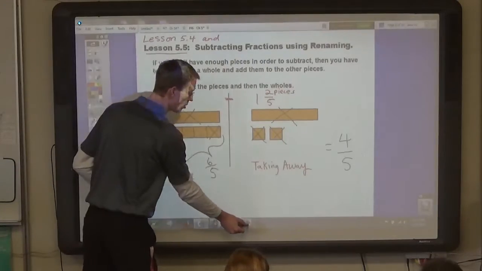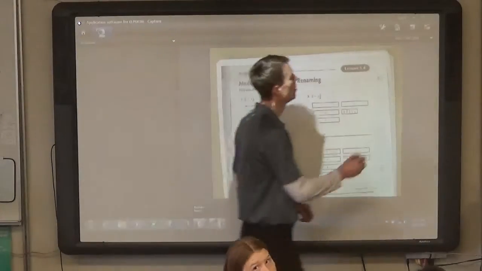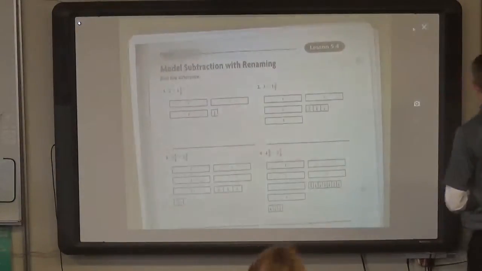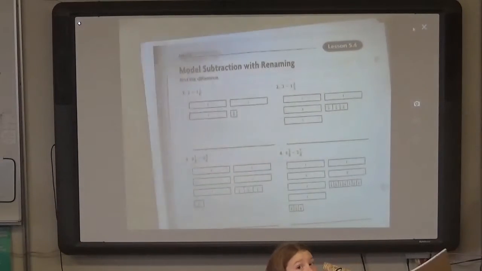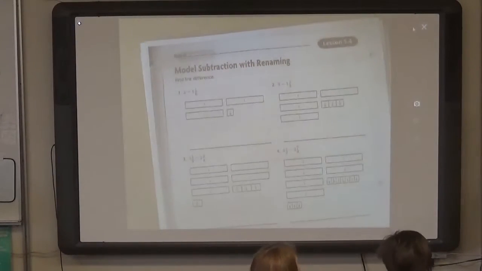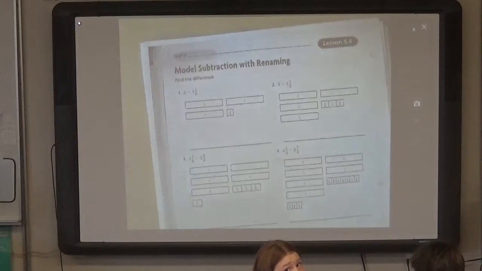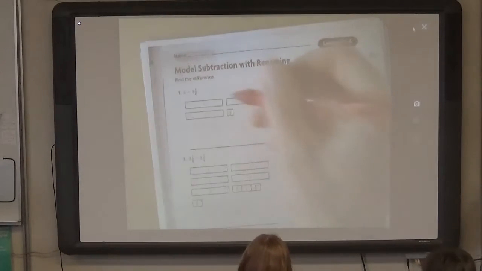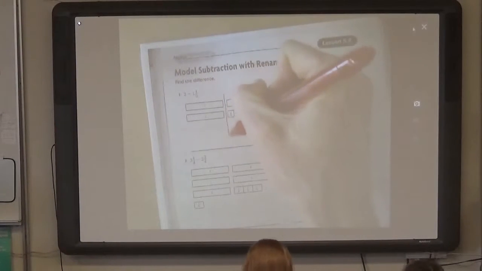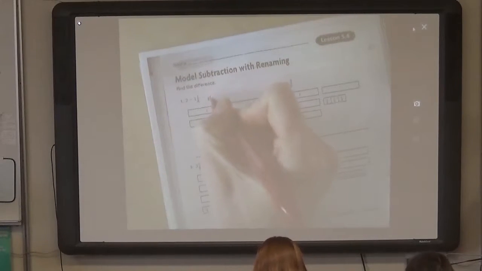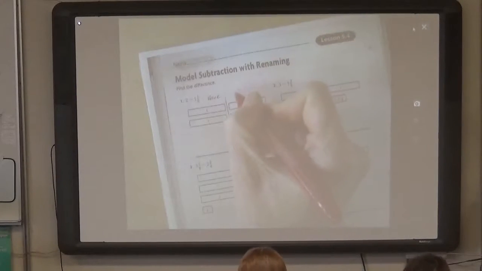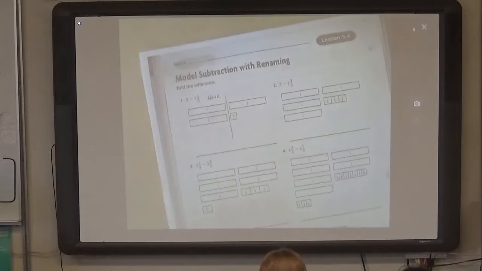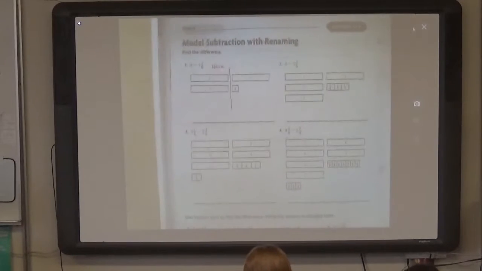Let's take a look at your worksheet now. Start by drawing that line down the center, right here. So this is what you have, and this is what you are taking away.